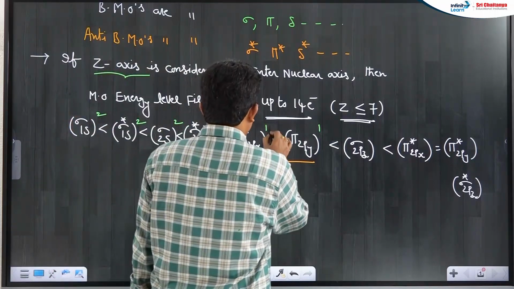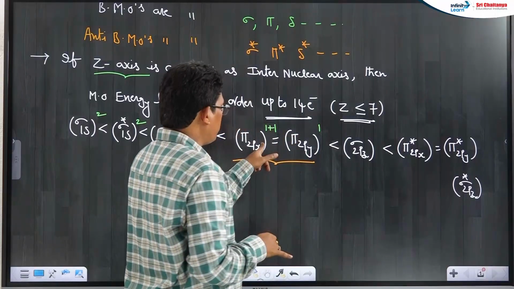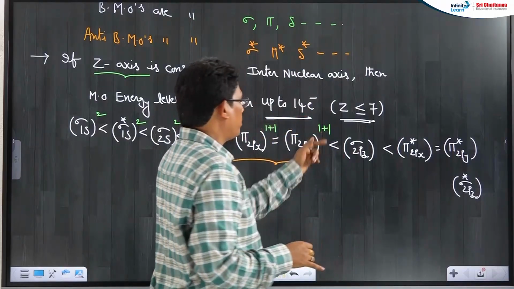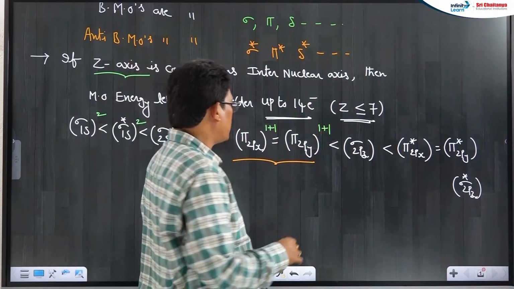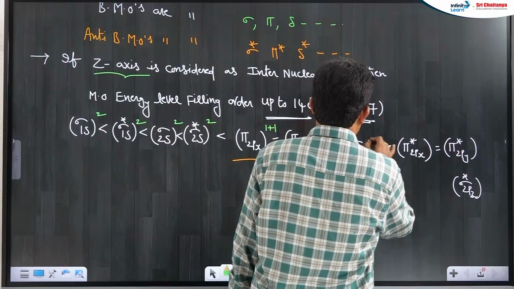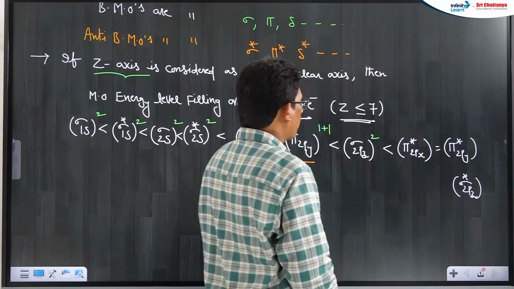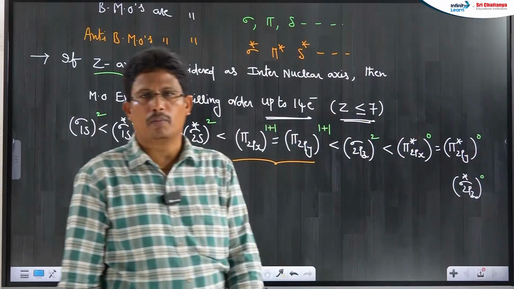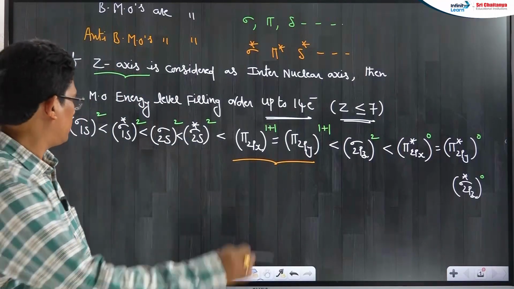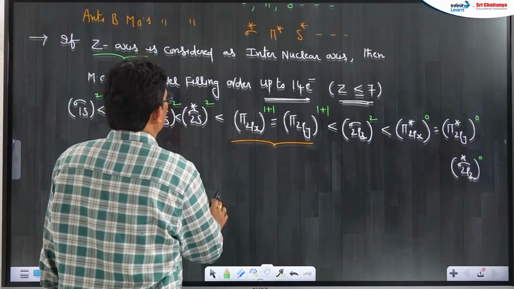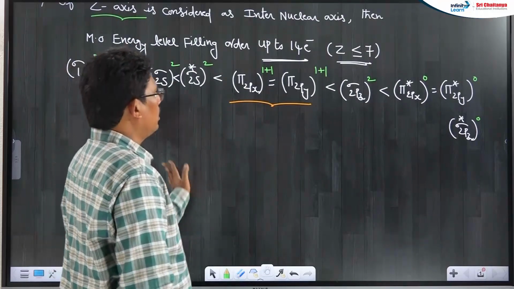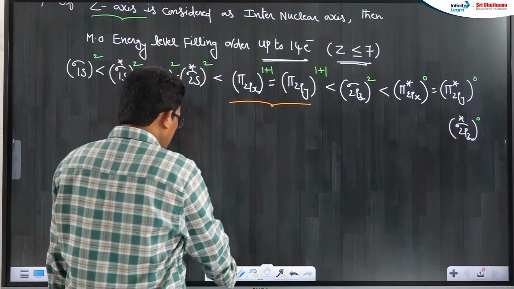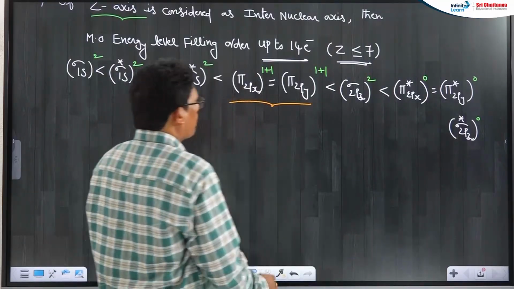That's why the 11th electron pairs with the 9th, the 12th electron pairs with the 10th, then 13 and 14. Remaining all orbitals are vacant. Up to 14 electrons, it is the configuration.